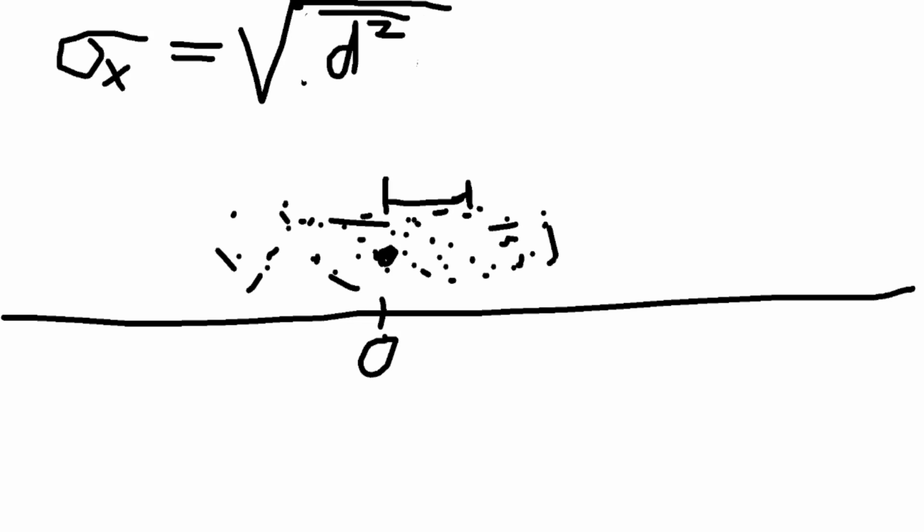So what this notation is saying is you take all the distances away for all of the trials, for each of them you square them, then you take the average of all those squares, and then you take the square root of that average to get the typical distance away. That's how this is defined. But all you really need to know is sigma x is the typical distance away from its average position. And similarly, sigma p will be the same except for momentum.